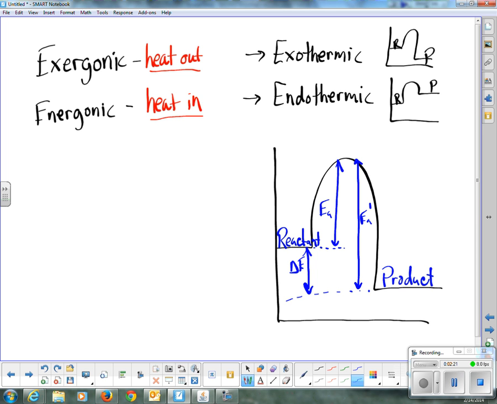Now, I can also from this, I always want to start with my reactants at 0. I can see that my products are going to have a negative delta E. This is exothermic. I could read off the graph and draw my own thing here.